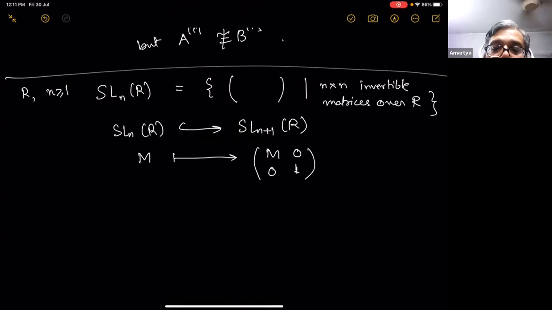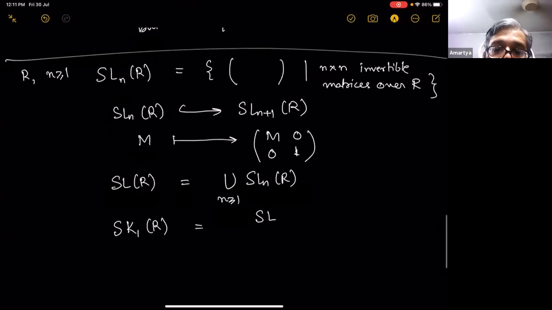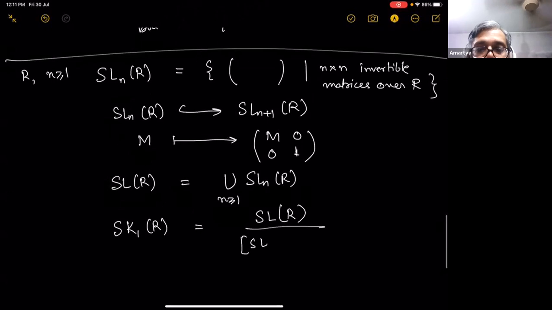So these are highly non-commutative groups, and then we define SL(R), which is the union of these SL_n(R). So this is the direct limit of these n cross n invertible matrices, and SK1 of R is nothing but the abelianization of this, that is, you quotient it by the commutator. So this is an abelian group.